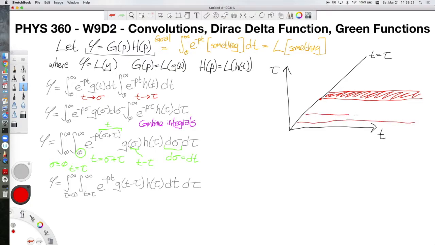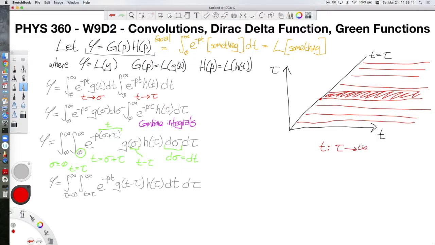So we'd be accounting for all of these strips this way. So first t is integrated from tau to infinity, and then tau is integrated from 0 to infinity.